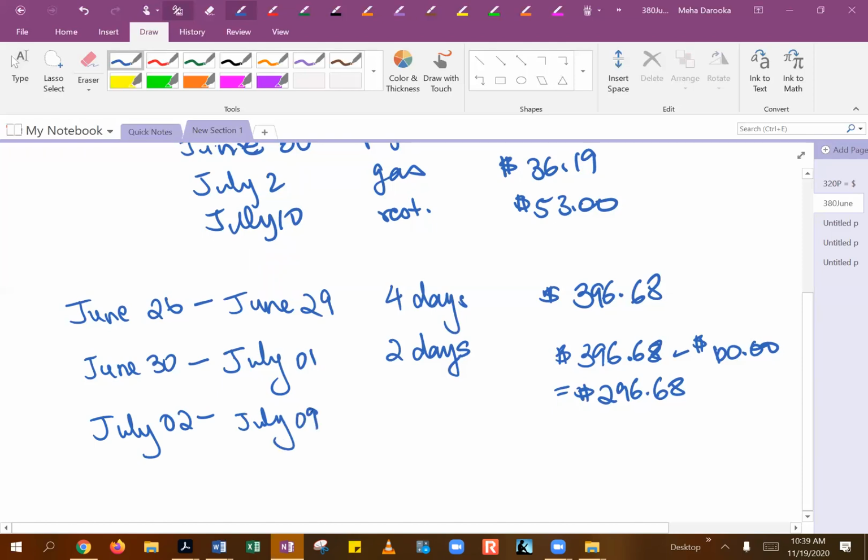And this time we had a balance of $296.68 from here. And then since we made a purchase of gas, we would be adding these $36.19 to it. So you would get a new balance over here.